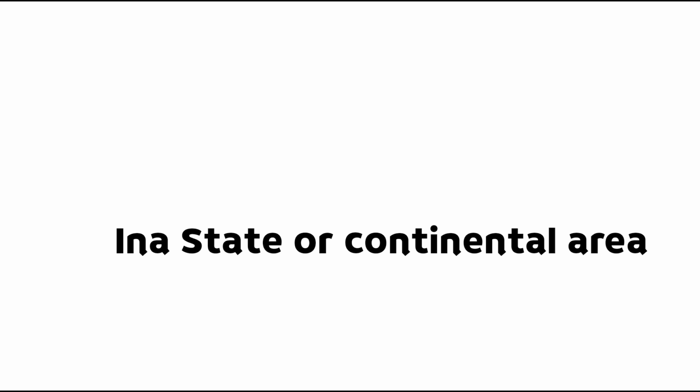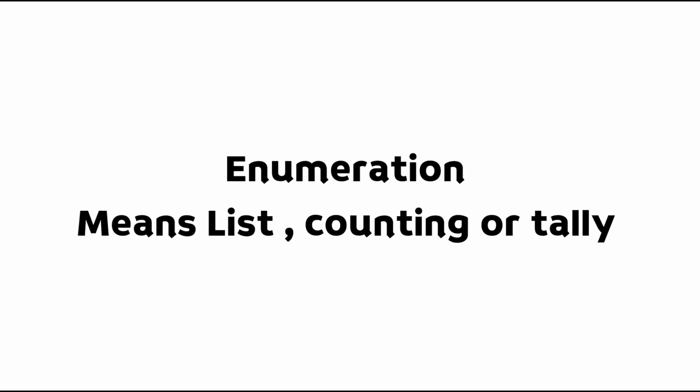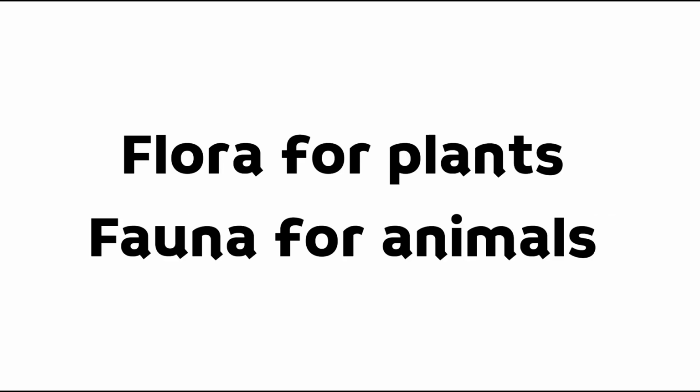The word flora also refers to a publication made from systematic enumeration of plant species. Enumeration means list or recounting or tally or an account of the plants or animals. That is enumeration.